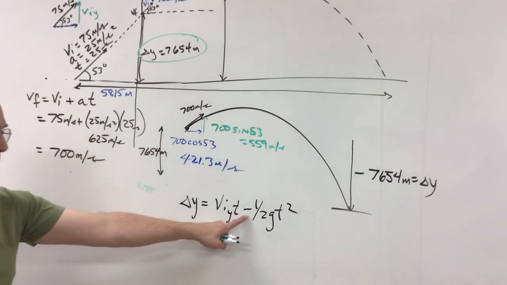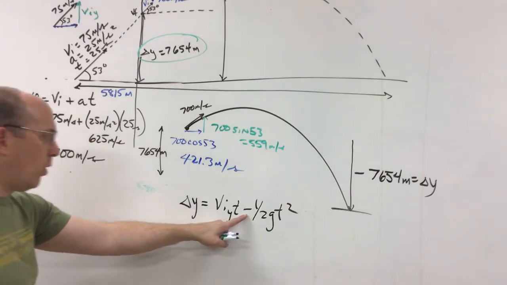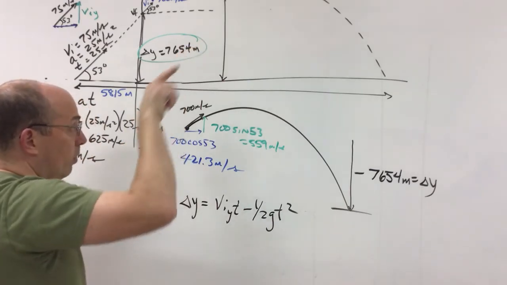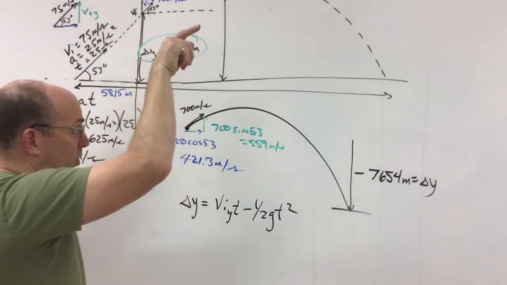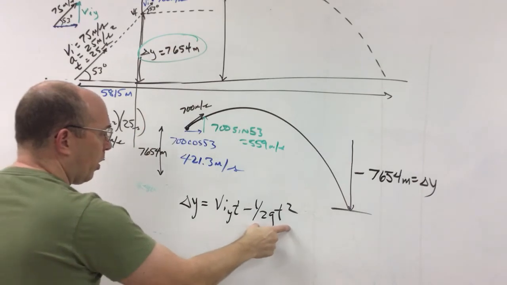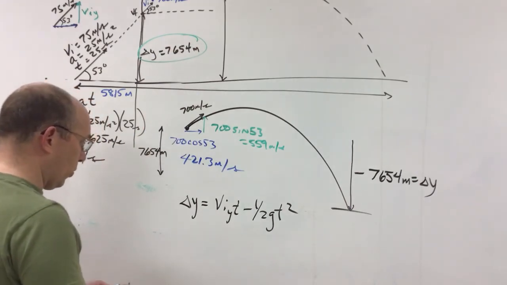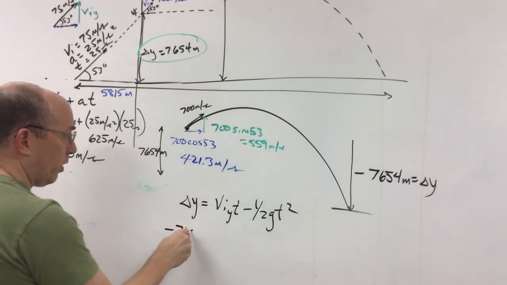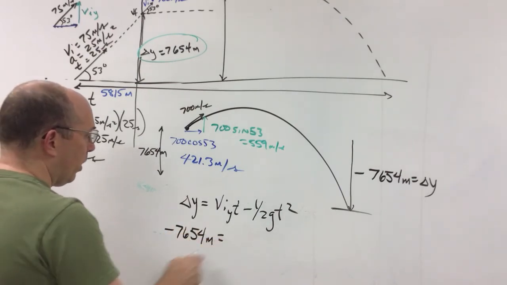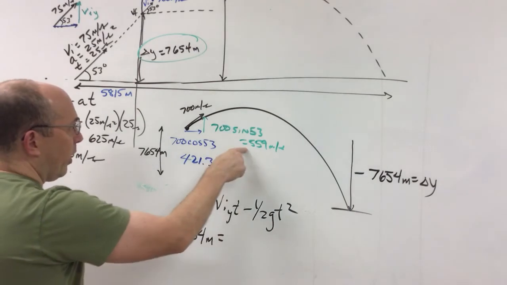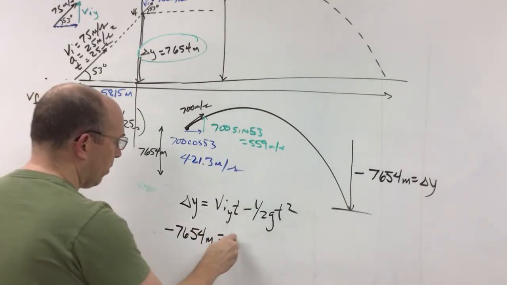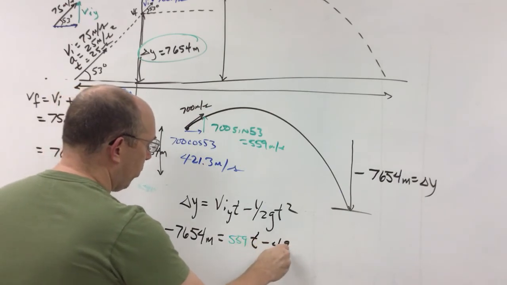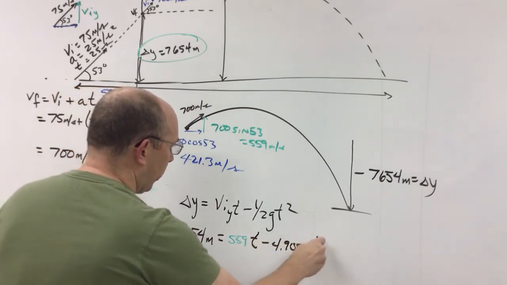Remember now, gravity is in charge. Therefore, it's going to be affecting the maximum vertical position it can reach because of gravitational acceleration. Okay, we know negative 7654 meters is v_iy t, so there's v_iy, 559, times t, minus 4.905 t squared.